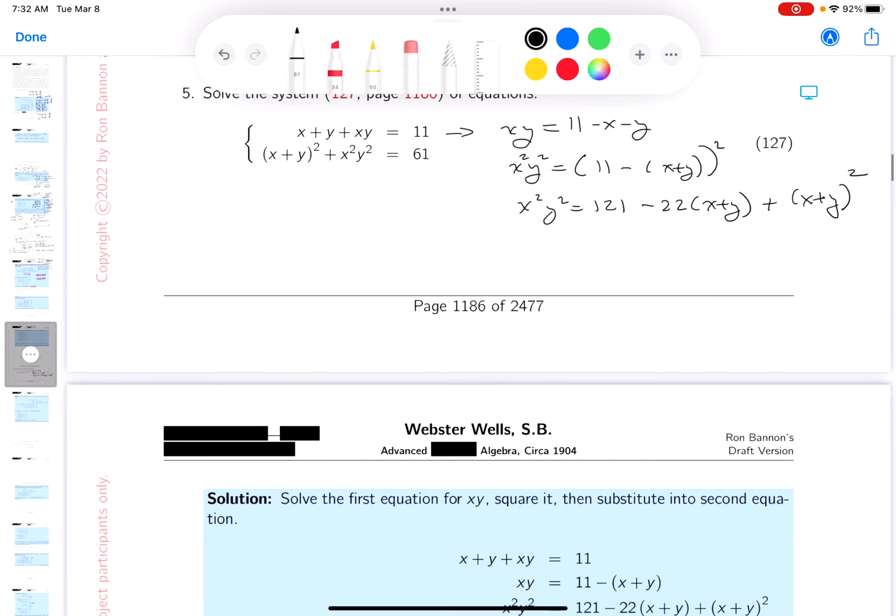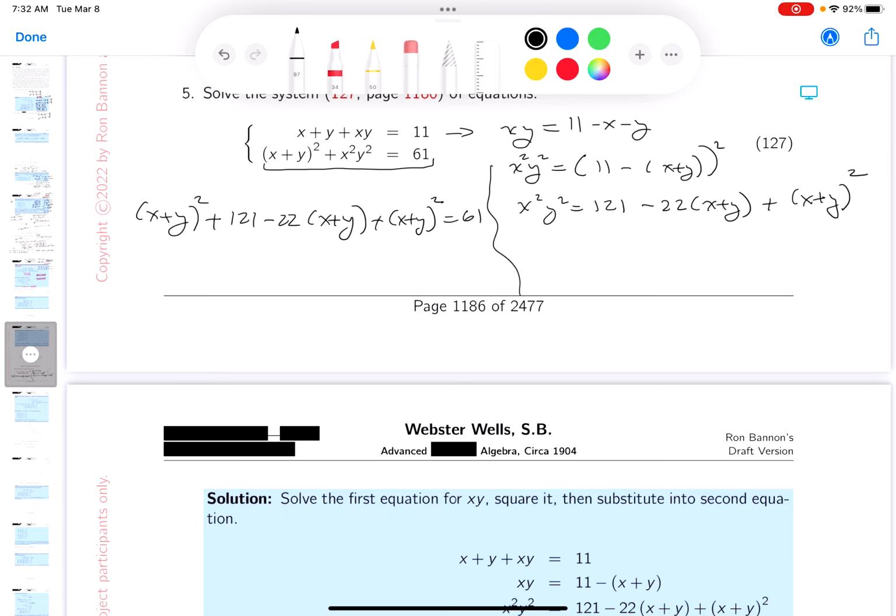Right, now what I'm going to do is plug it in here, make a substitution. So you get (x plus y) squared, and x squared y squared is going to be equal to 121 minus 22 (x plus y) plus (x plus y) squared. I just plugged in the x squared y squared equals 61.